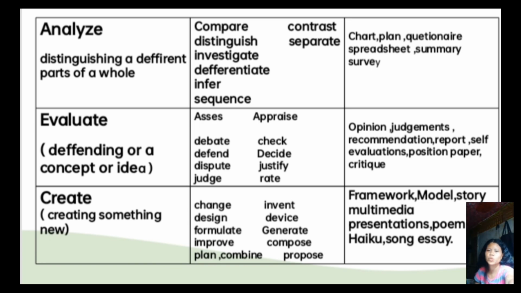Uses of the revised taxonomy. The revised taxonomy provides a framework that helps educators in the following ways. Number one, it provides educators with a common set of terms and levels about learning outcomes that help in planning across subject matter and grade level.